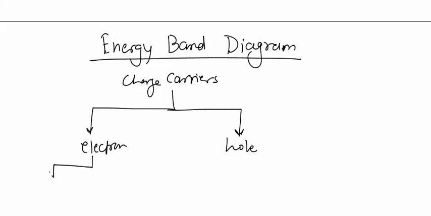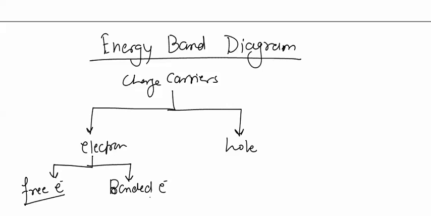Electrons in the material are of two types. One which can take part in conduction, means after applying supply to the material, electrons can move, that are called free electrons. And another type is bonded electron. Bonded electron means which are in covalent bonds, or any other, in case of metal, in metallic bond.